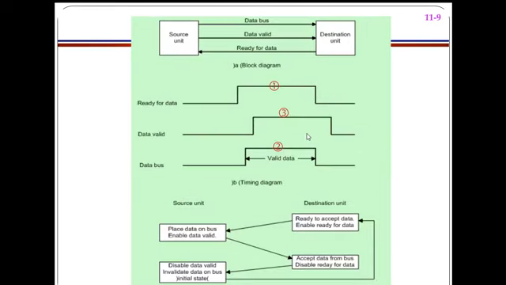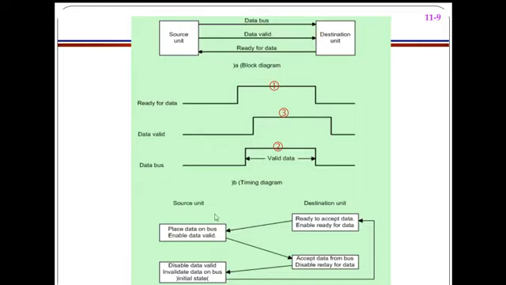In this case, the source will not send the data first. First, the destination will signal that yes, I am ready to accept the data. Only after that, the source will send the valid data on the data bus.